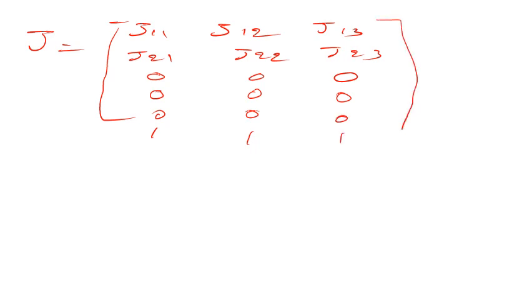So this is the final version of our J matrix. The first three rows are JV, the next three are J omega.